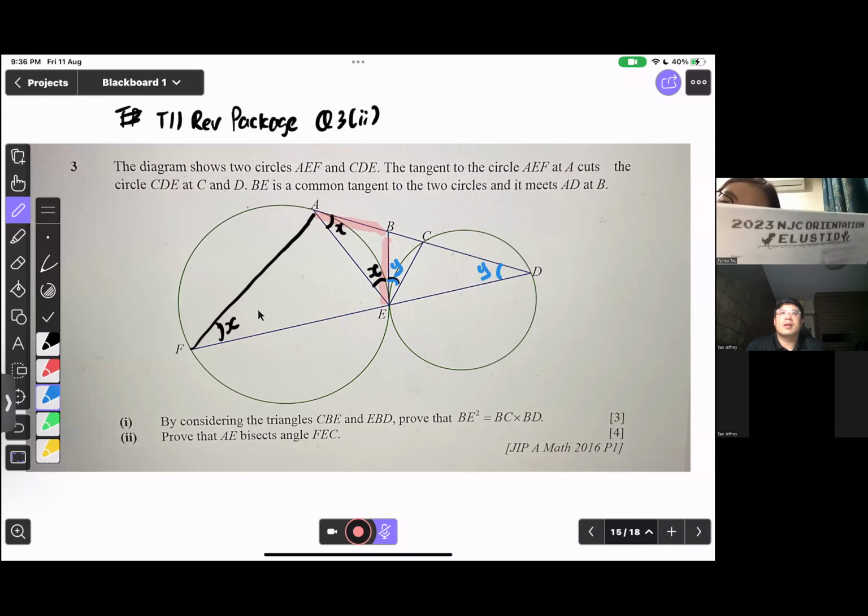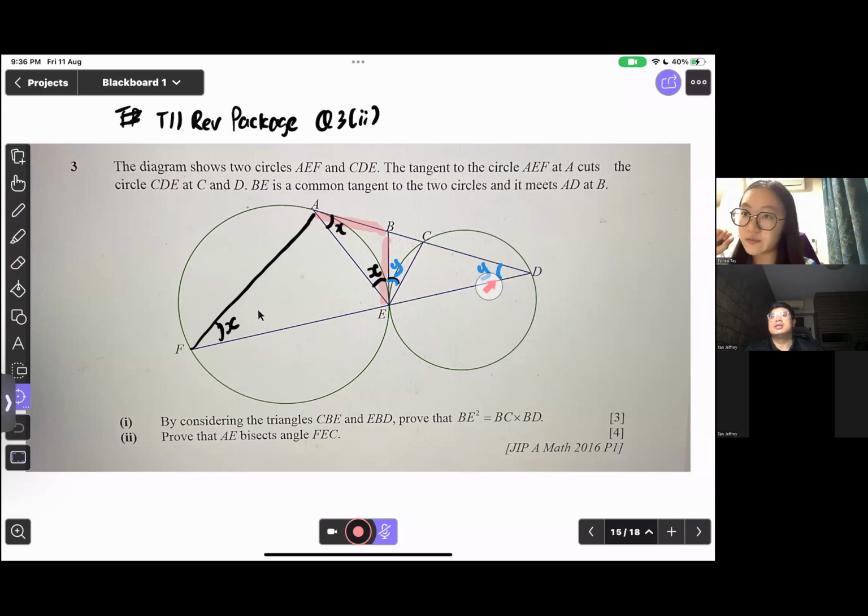Because of the tangent chord theorem, also called the alternate segment theorem. This question is not easy. So far okay with you? Okay, then go on.